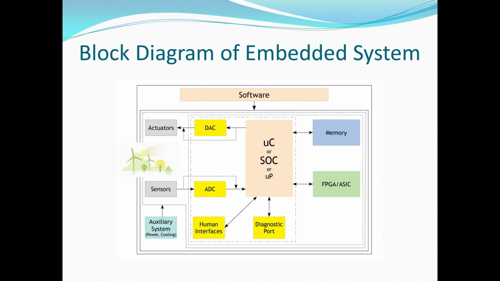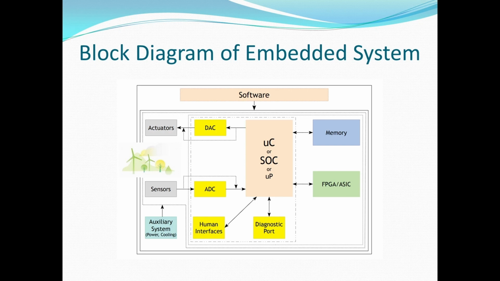This is a block diagram of an embedded system. The main part is the microcontroller, or a system on chip, or a microprocessor. Based upon the application and client requirement, we choose any one of these chips.